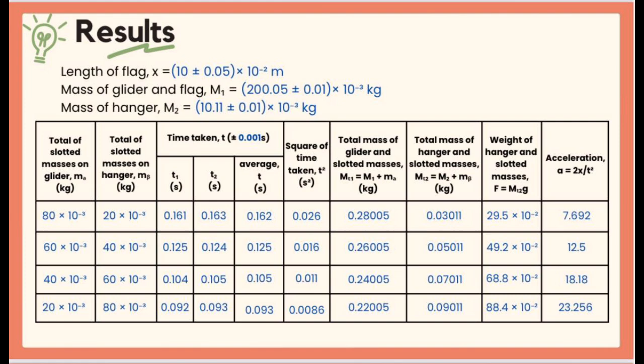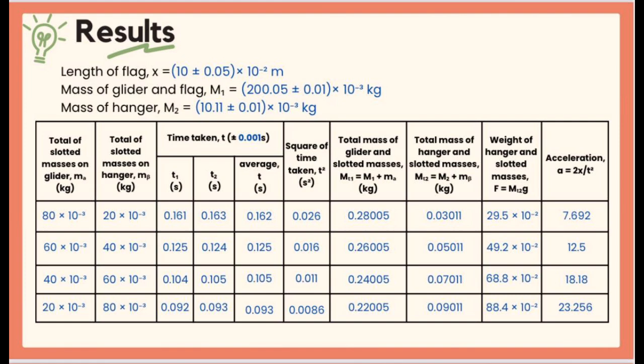Total of slotted masses on glider, M, in kilograms: 80 multiplied by 10 to the minus 3, 60 multiplied by 10 to the minus 3, 40 multiplied by 10 to the minus 3, 20 multiplied by 10 to the minus 3.